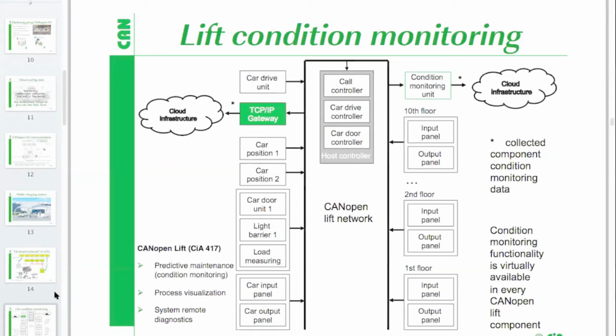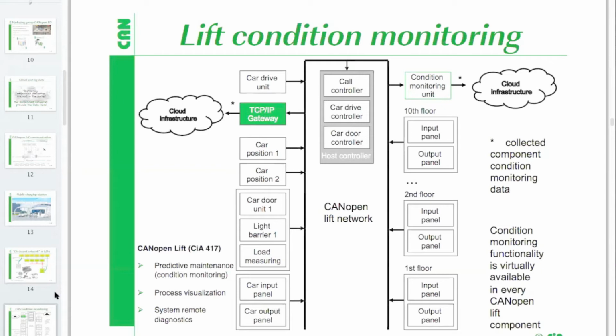For this case, they can use the basic scheme I showed in the very beginning, this CANopen IoT communication, but they could do this in a simple way, just having data provided from each single part in the embedded CANopen lift network, and pushing this data by CANopen means into a so-called gateway, a TCP/IP gateway, which can also be designed and manufactured specifically.